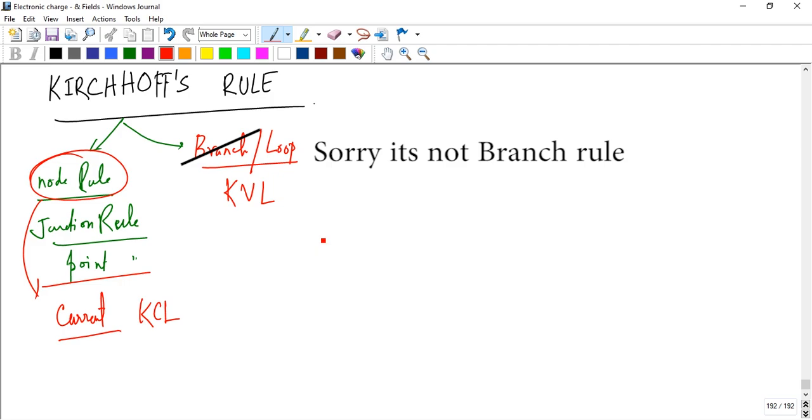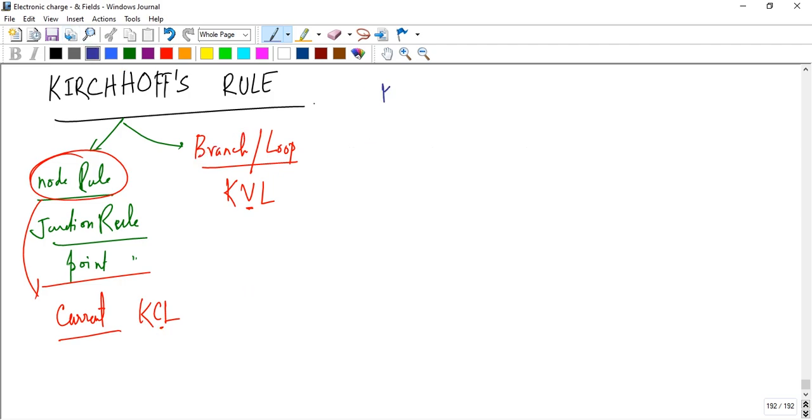So that's very important: that is the voltage law and that is the current law. So what is Kirchhoff's current law? KCL. Another name for this law is the node rule, junction rule or point rule.